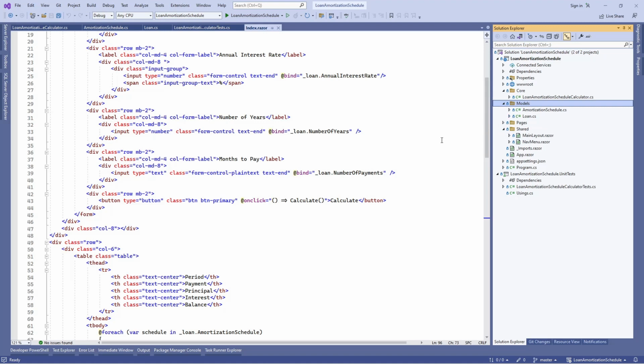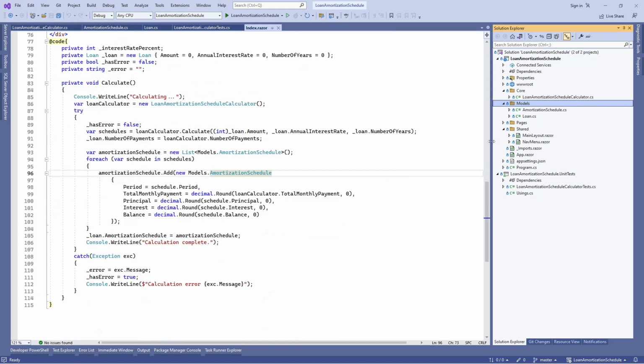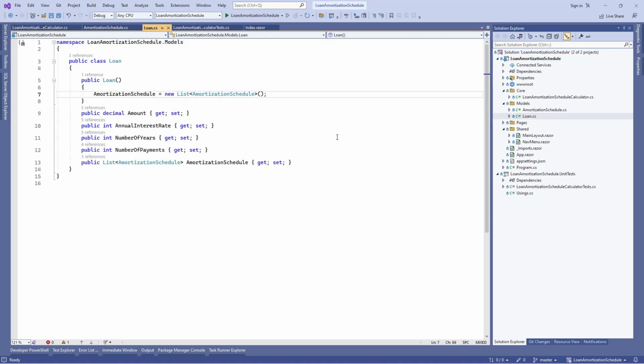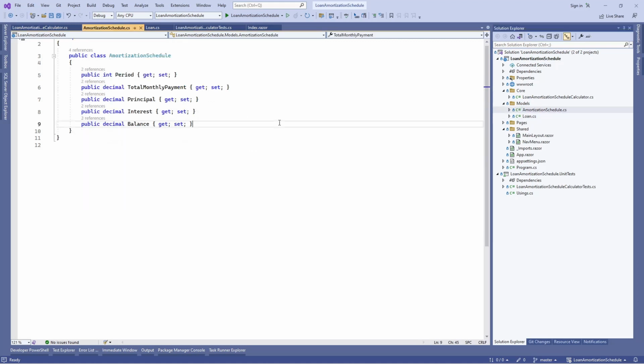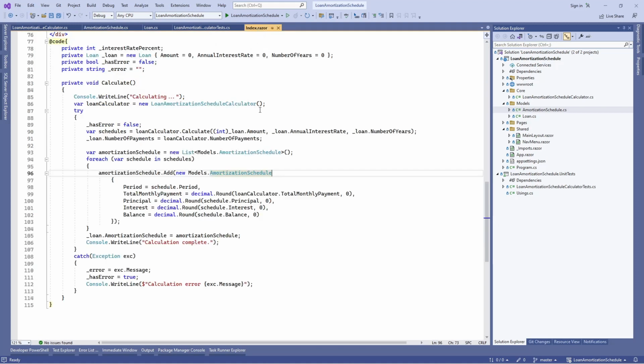So you have two classes here: the loan, which is the general model for our UI, including the data for our amortization schedule, and then the amortization class. They are just plain classes, or POCOs.